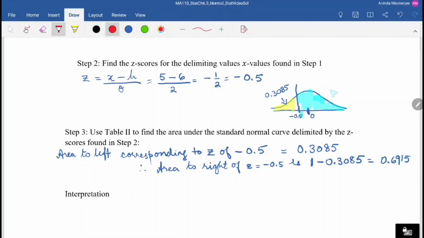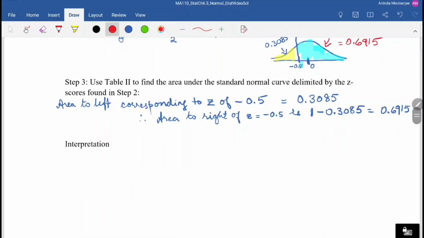We are interested, our region of interest is this blue section. So you have to do 1 minus 0.3085, which is equal to 0.6915. All right, so that's our area. We have to, however, interpret it and answer the question that has been asked of us. So 69.15%.